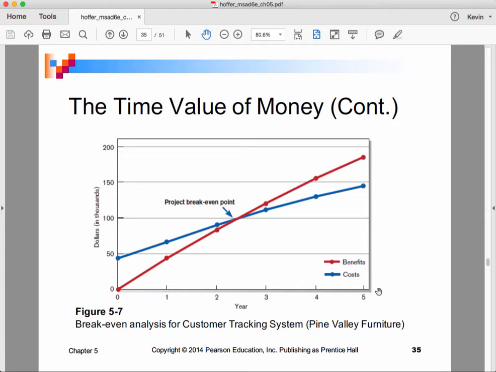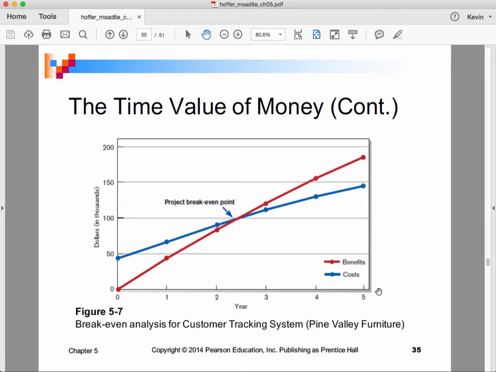One is that we just might misunderstand what the benefits are or what the costs are. We might get wrong information. The other thing is, we might have right information today, but the world is a changing place. So the break-even analysis helps us with the second of those two risk areas.